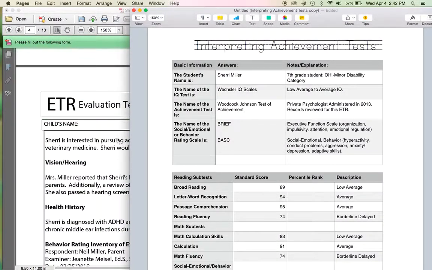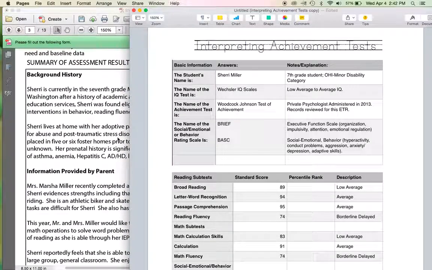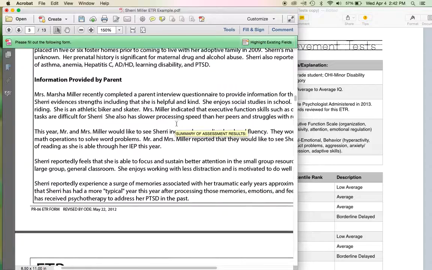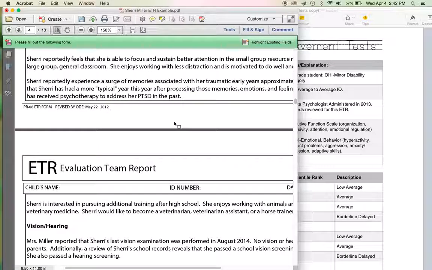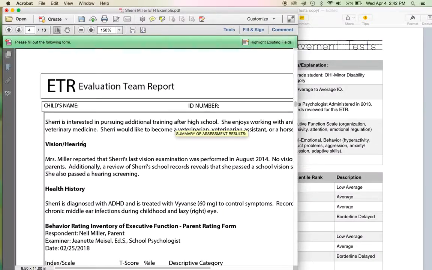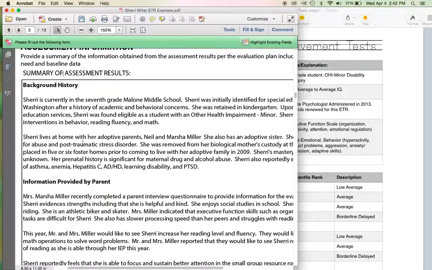So the first thing that I would recommend is to start at the beginning of your ETR, where it talks about the child's background history. There will typically be some information included from the parent, information about vision, hearing, and health. All of these sections provide great insight into an overview of the child, looking at their strengths and weaknesses.